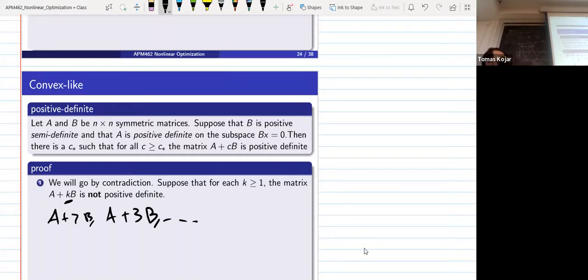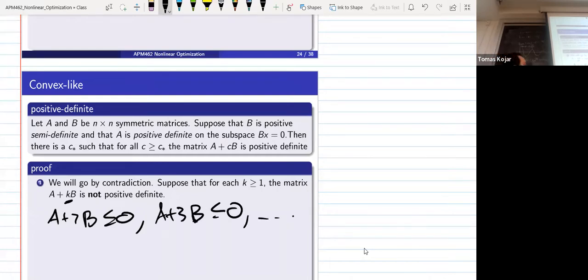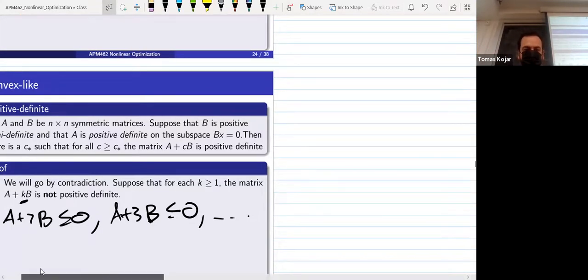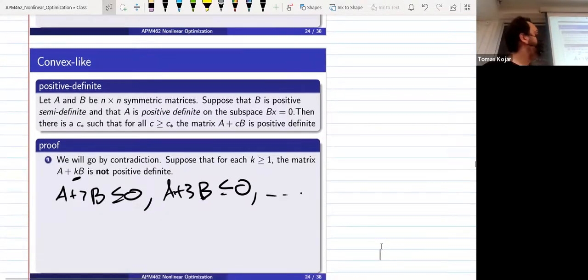So these are all non-positive. I guess you can eyeball it, can't you? Like when you take C to be big, isn't it clear that you're making this guy really, really big? Okay, anyways, we'll talk about this.